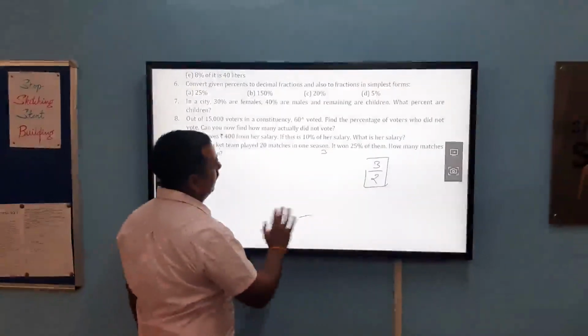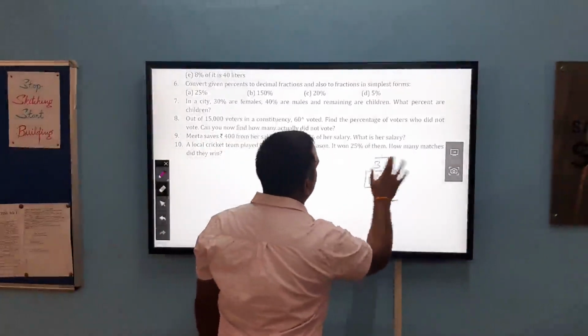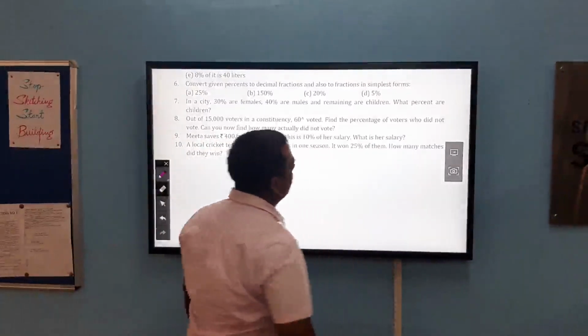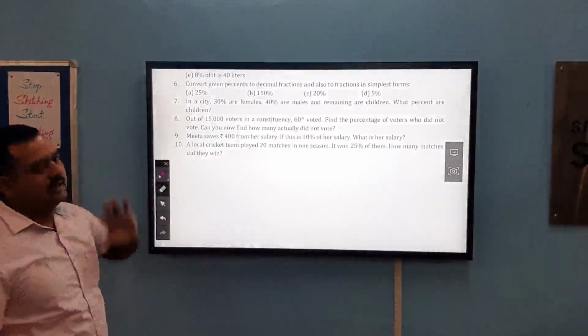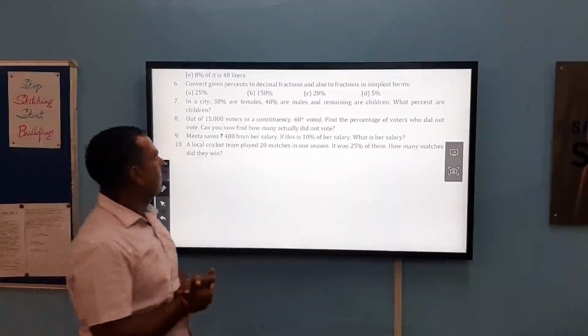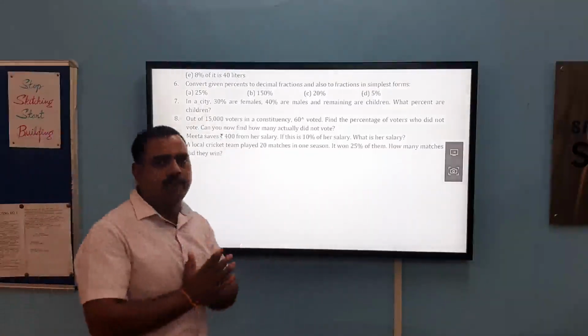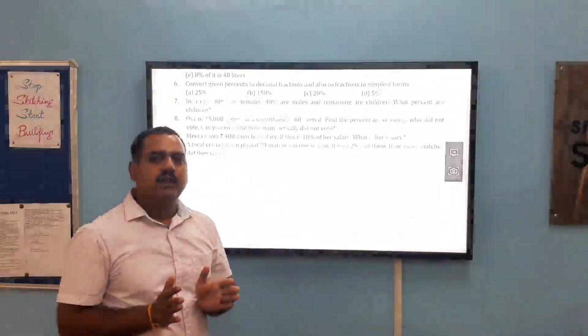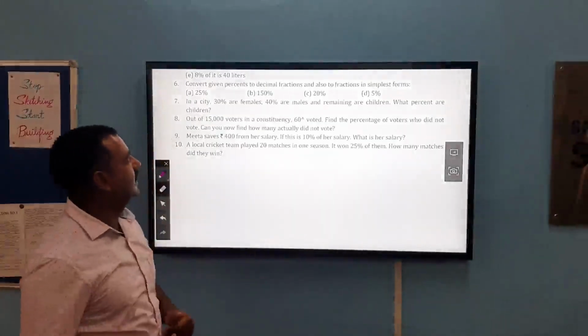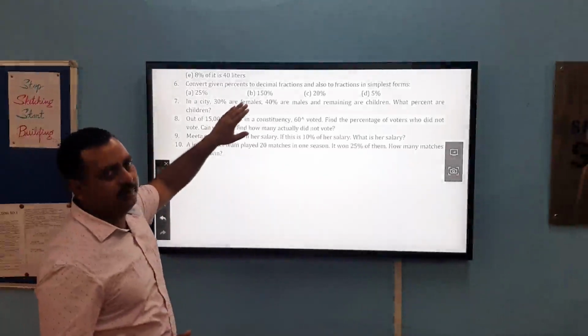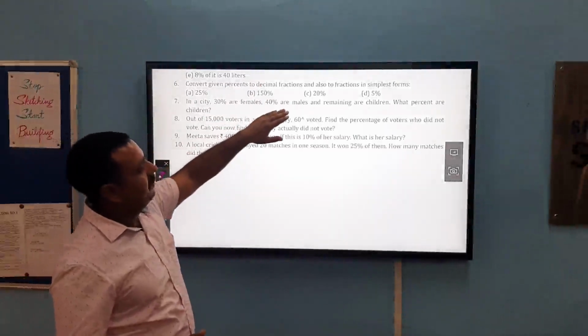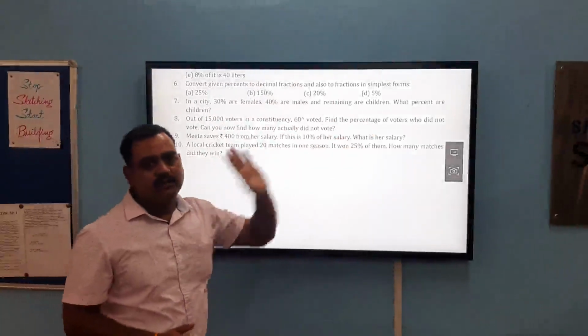Question number 7. In a city, there are 30% females, 40% males, and the remaining are children. What percent are children? As we know, here we are talking about the population of the city, and if we take the population as 100%, then out of this 100%, 30% are female, 40% are male, and the remaining are children.